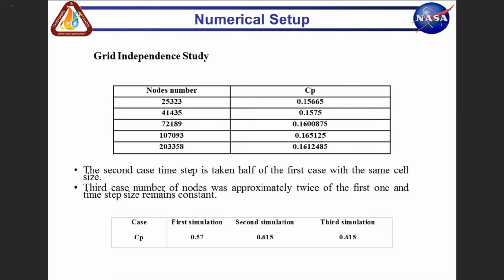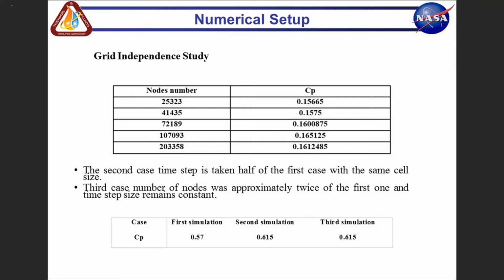To be sure that our solution does not depend on the size of the mesh, we made a grid independence study. Increasing the number of mesh nodes too much may not give a sufficient change in the simulation, but only consumes time.